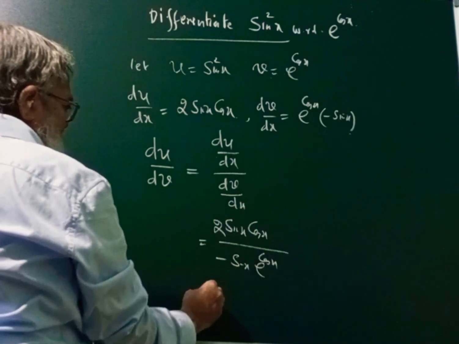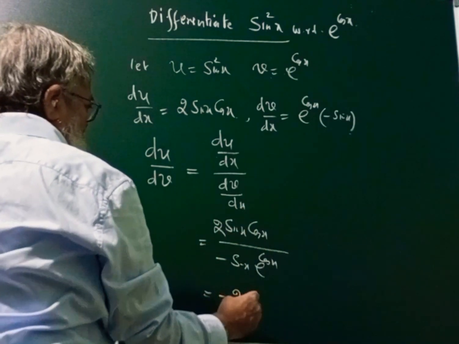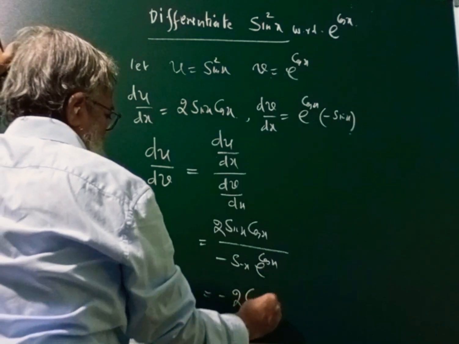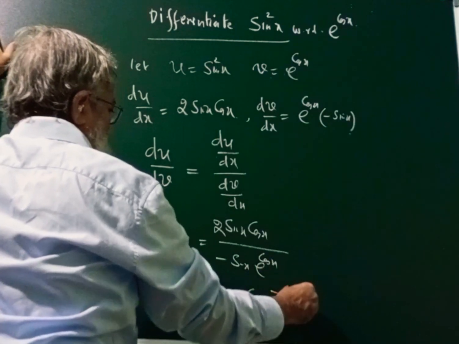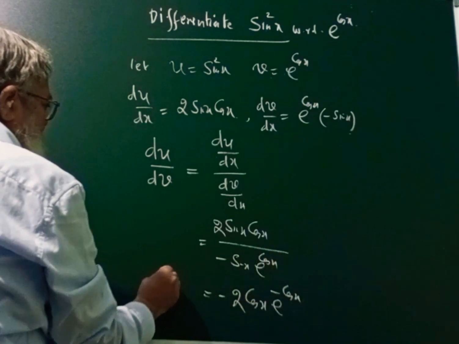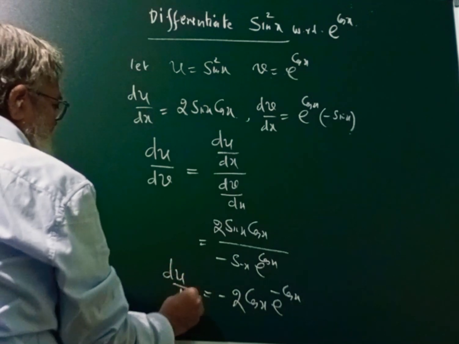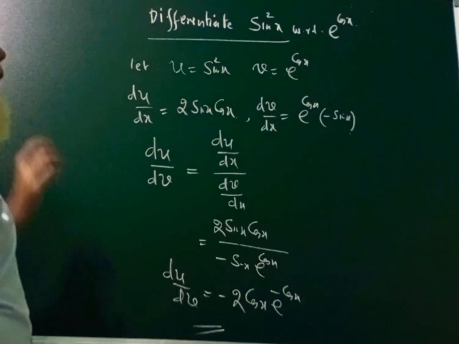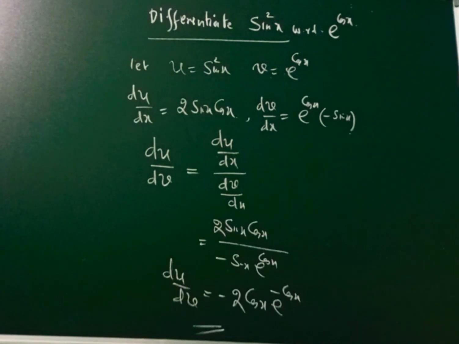One sine x cancels with the other sine x. It is 2 cos x into e raised to minus cos x, which is the value of du by dv, the differentiation of u with respect to v.